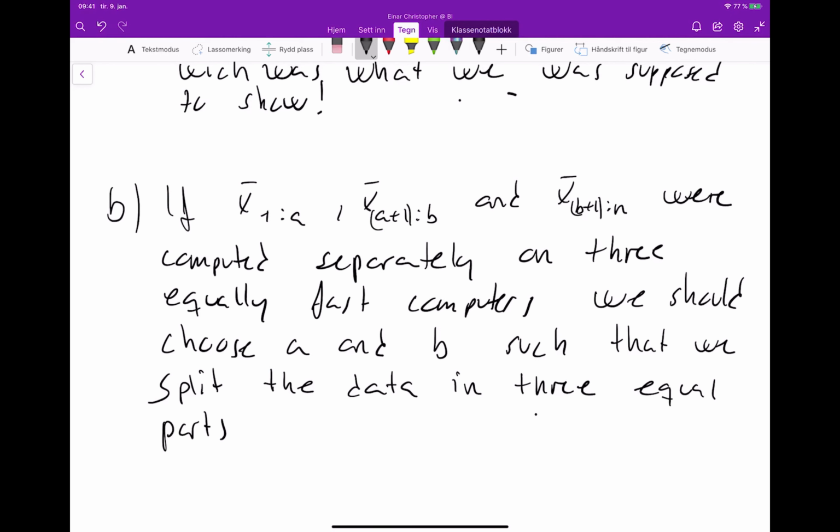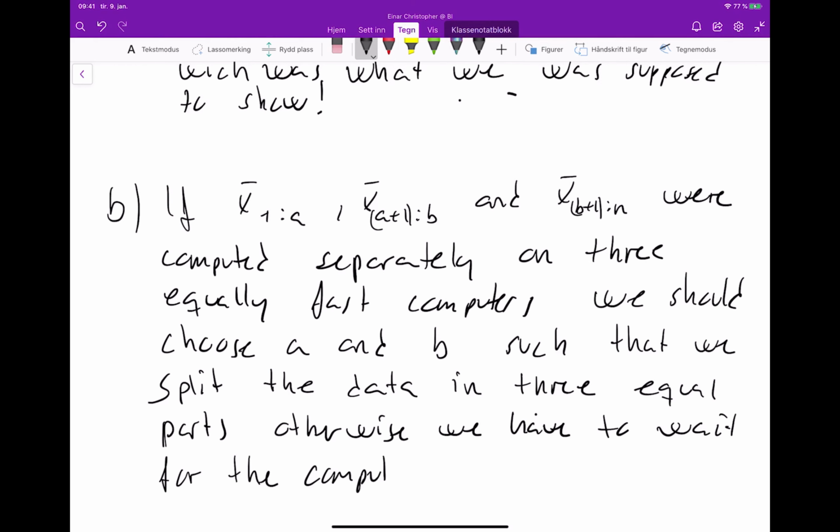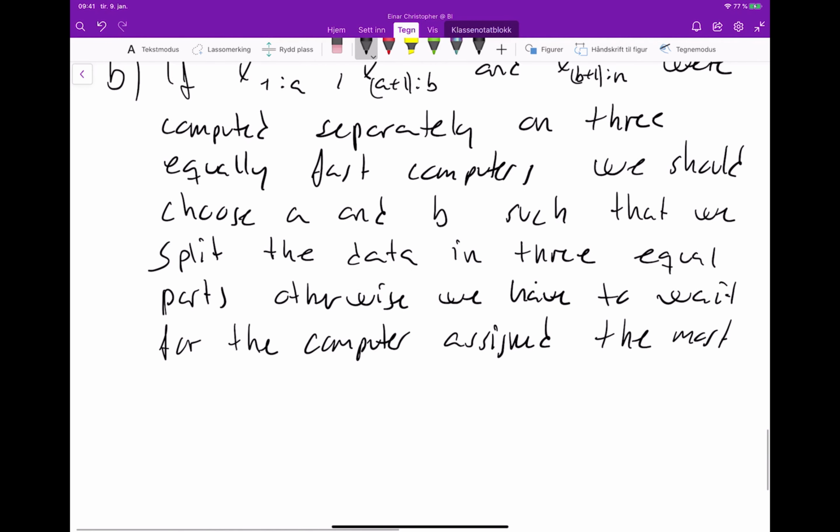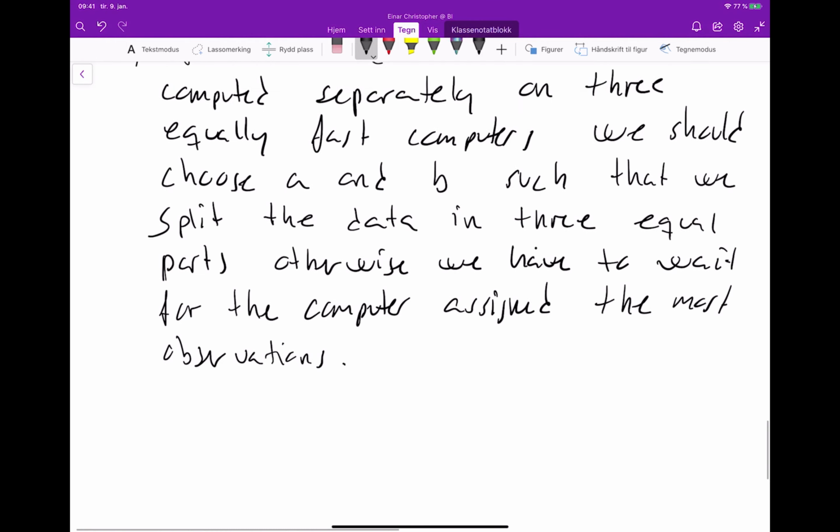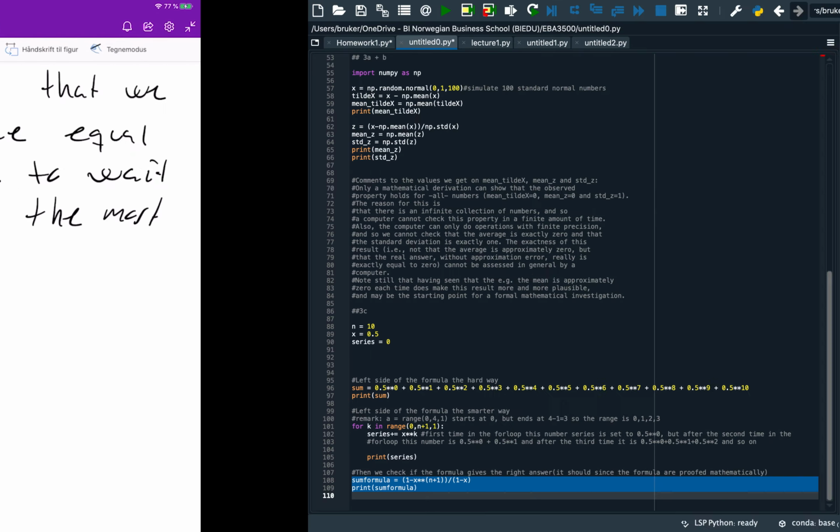Otherwise, we have to wait for the computer assigned the most observations. Okay, so that should be pretty easy to accept.